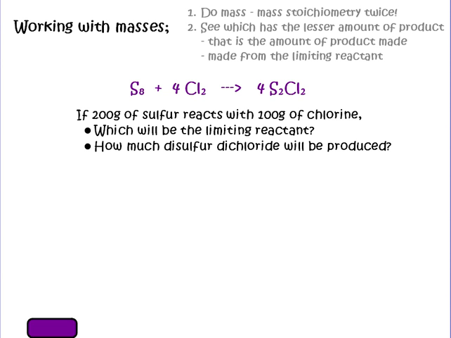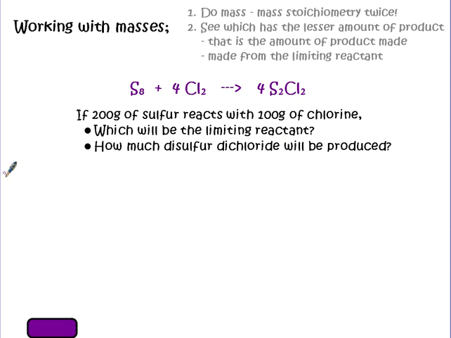So, one question that students many times have when they're working on this is they ask me, what am I solving for? Well, you're solving for the product, okay? The question will usually ask you how much of something will be produced. And here it is, disulfur dichloride. How much of that's going to be produced?